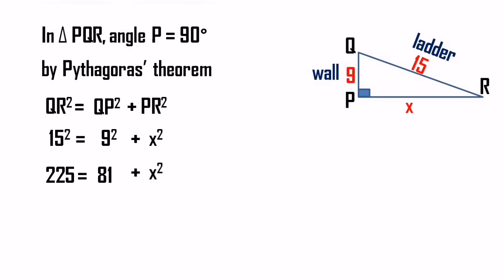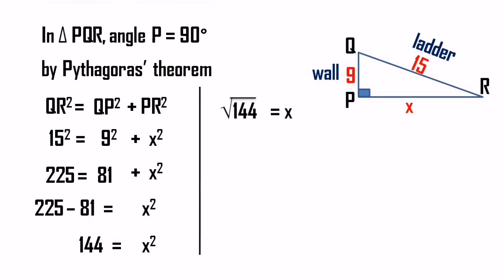The next step, I know that you know it very clearly, subtraction. Yes, exactly. So 225 minus 81 and x square will remain as it is. The answer to subtraction is nothing but 144, and to get the final answer I must find the square root of 144.